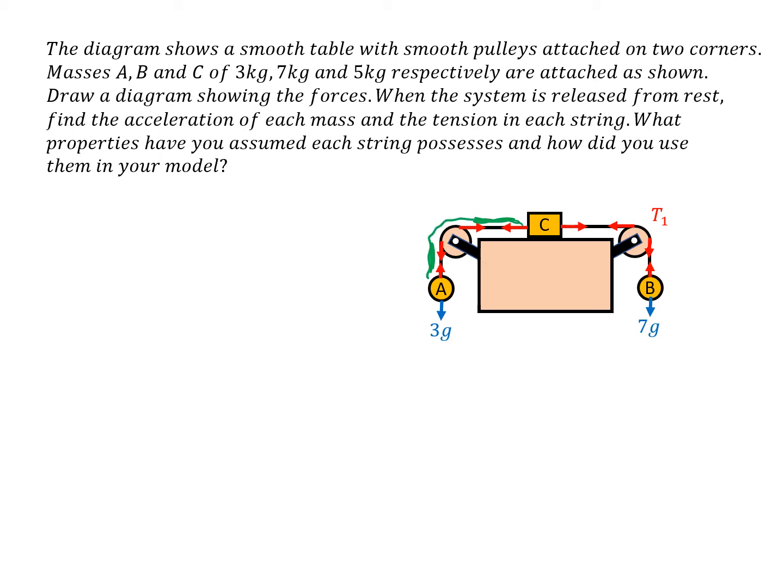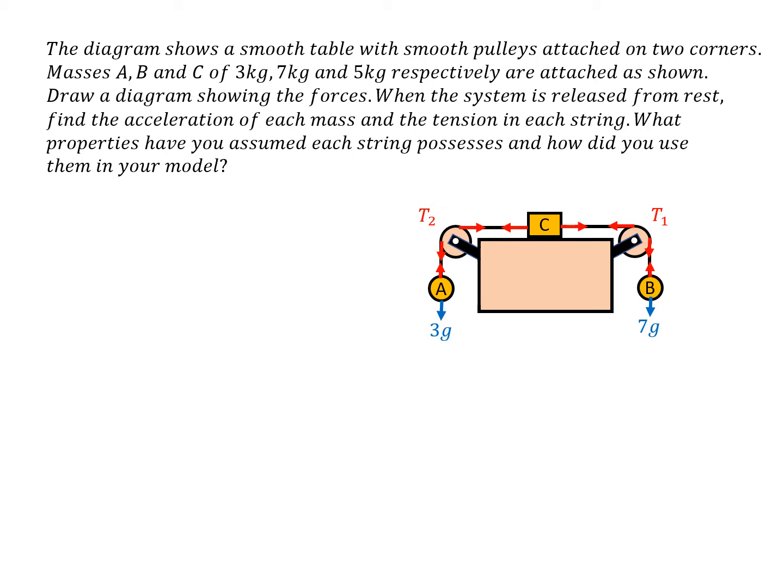If we again assume that this string is light, then all of those 4 tensions will be the same. I'll call them all T2. And I have to say T2 because I'm almost certain that the 2 tensions will be different to each other. They're not the same tension.